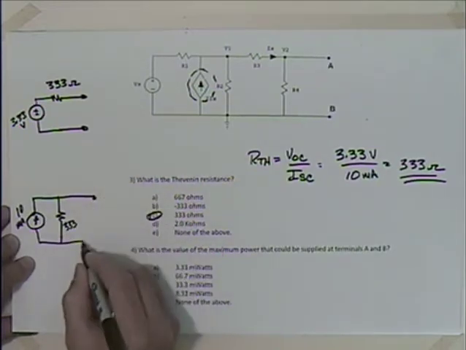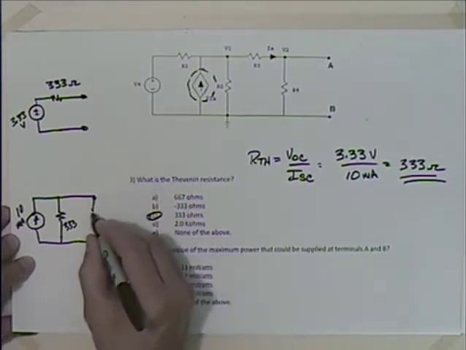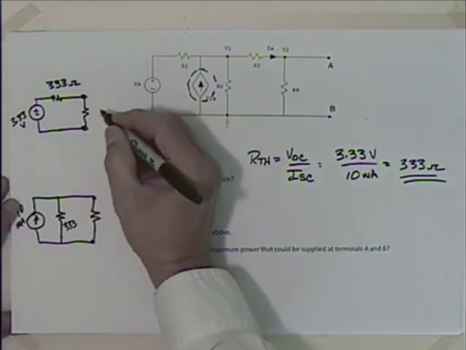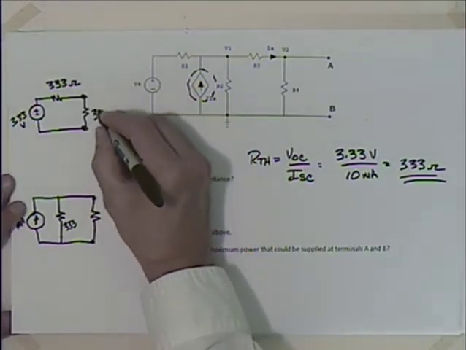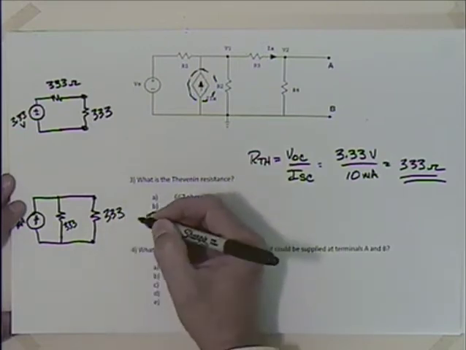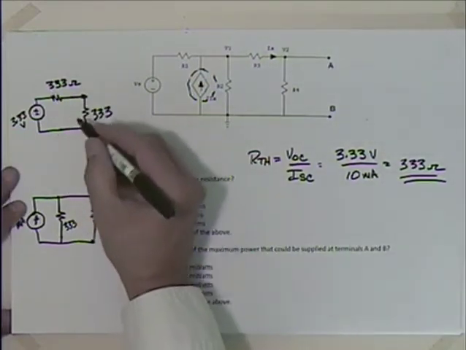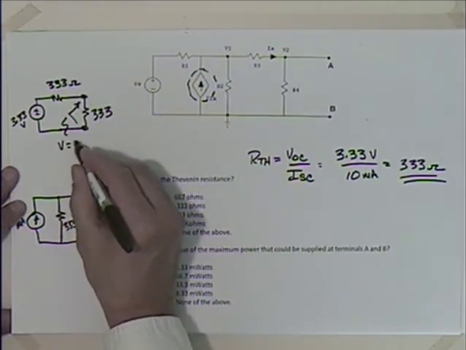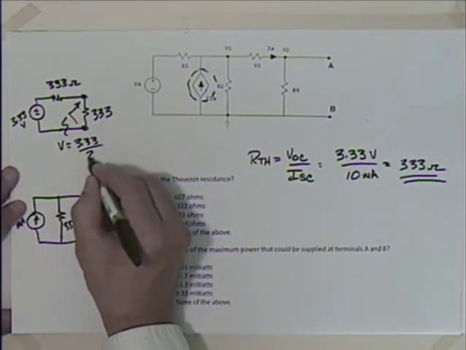And we know in each case that for maximum power transfer the load resistance has to equal the Thevenin resistance. So this is going to be 333, and this would be 333. So here, if these two resistors are the same, this voltage across here is going to be equal to 3.33 divided by 2.